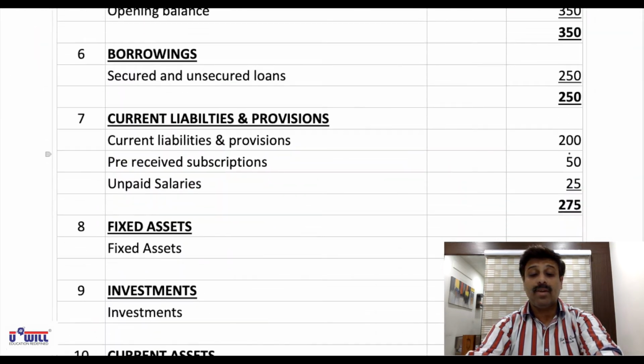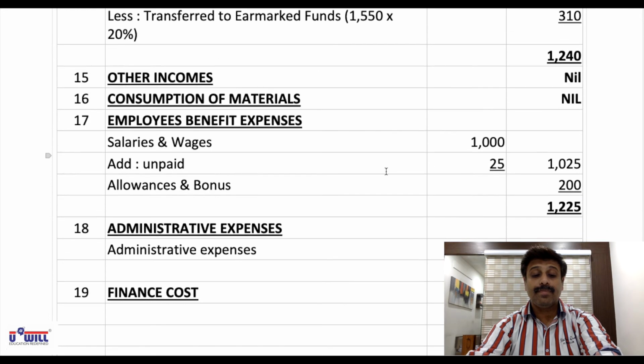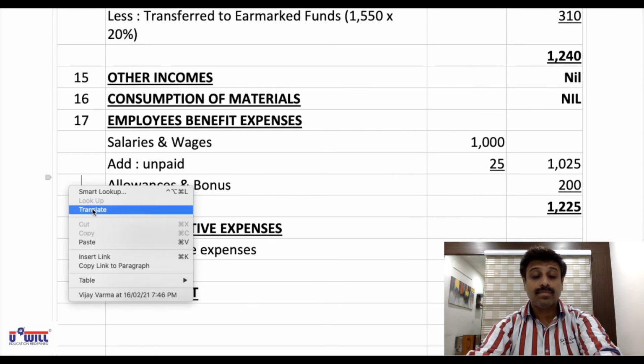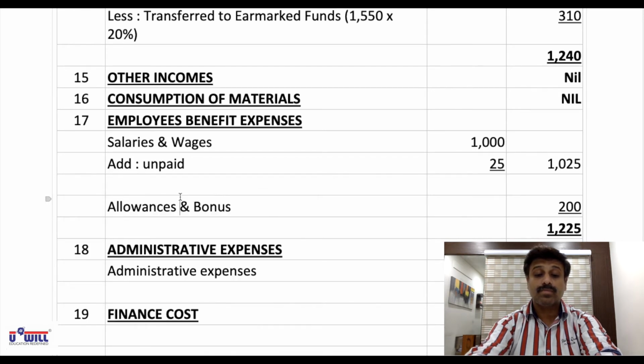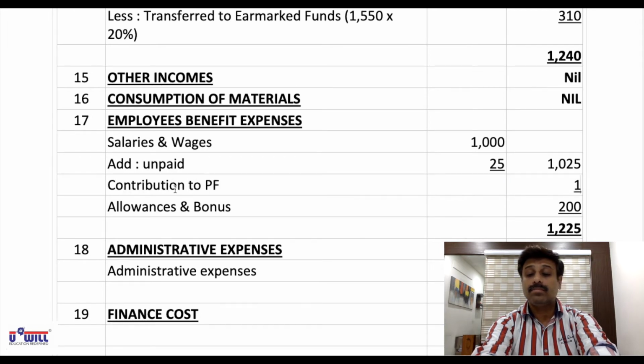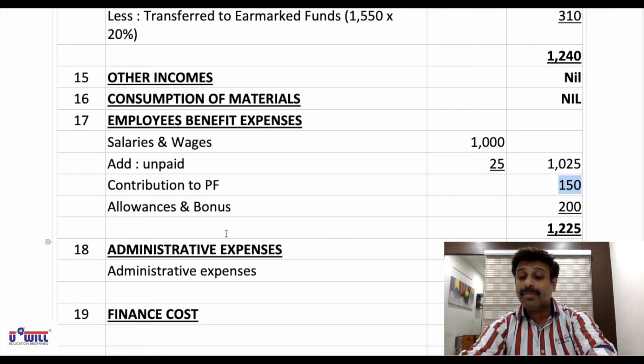Contribution to provident fund 150. So total will become, if you increase it by 150, then it will become 1375.